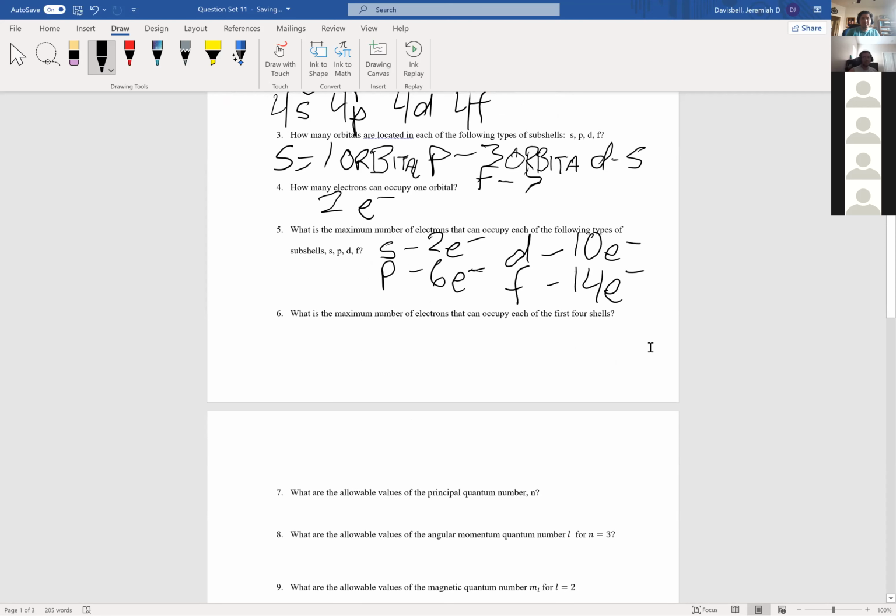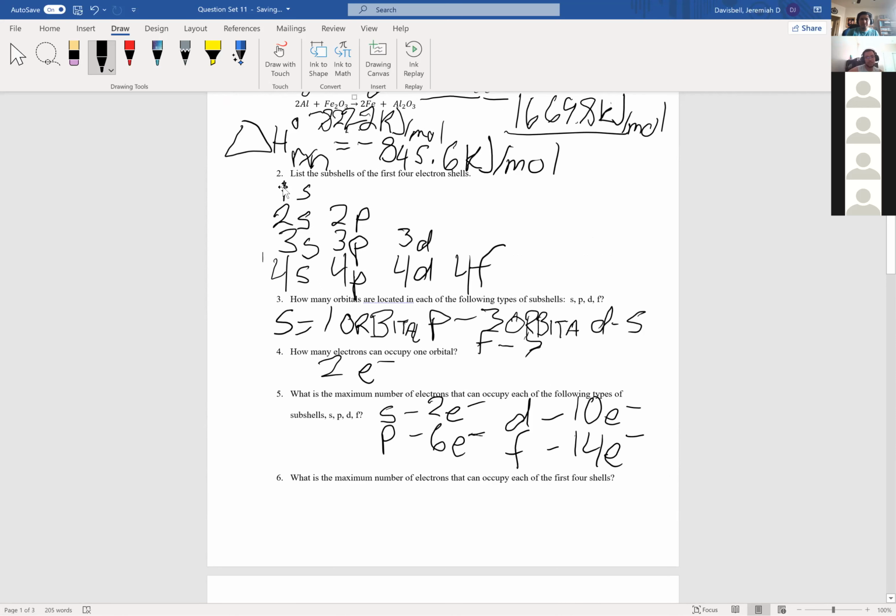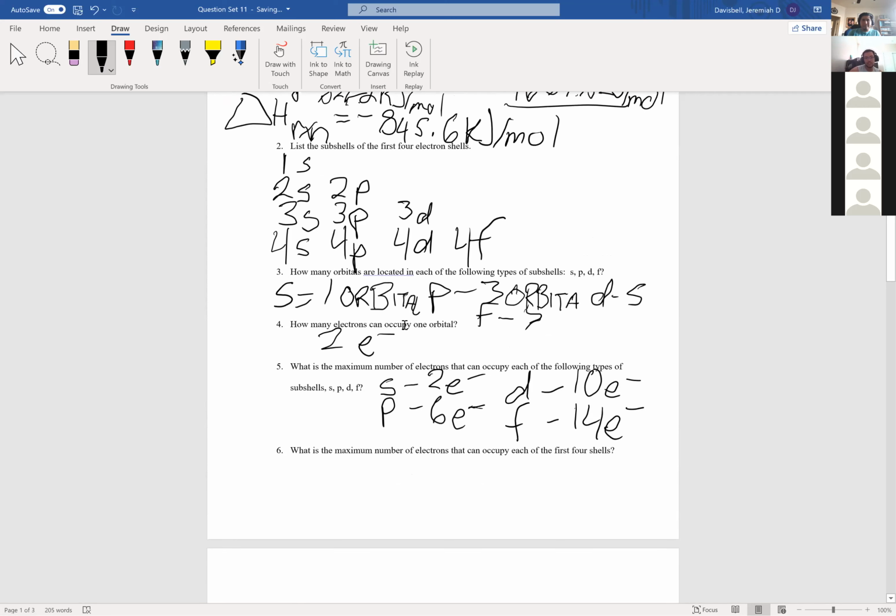What is the maximum number of electrons that can occupy each of the first 4 shells? The way we're going to do this, remember back how we listed all the subshells for the first 4 electron shells? These numbers that we came up with for each of these subshells, we're going to replace for these letters. So for s, instead of s, we'll put 2. Instead of p, we'll put 6, and so on and so forth.